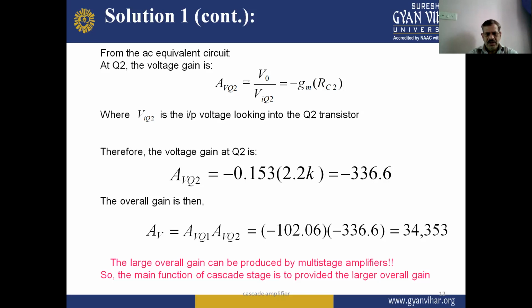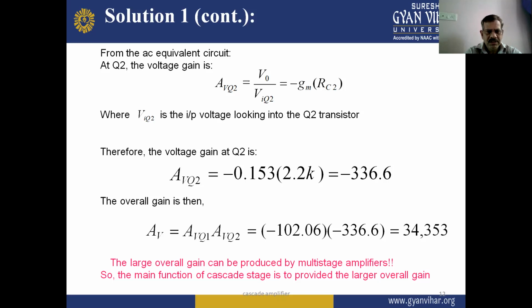Av Q1 into Av Q2. That is the multiplication, or product, of the two voltage gains of the different two stages of the amplifier, and this will be equal to 34,353.